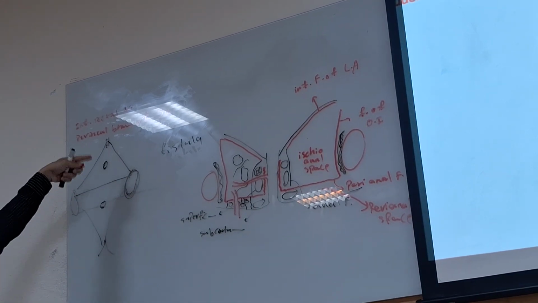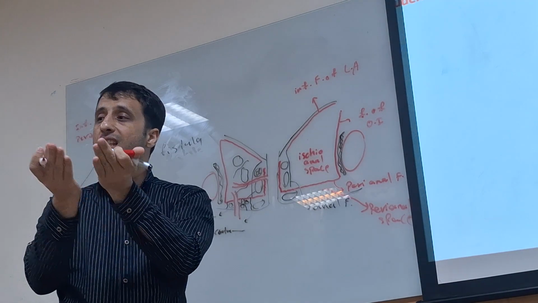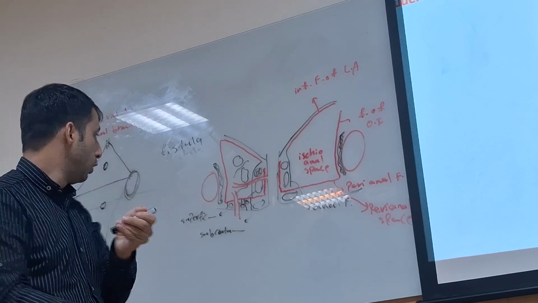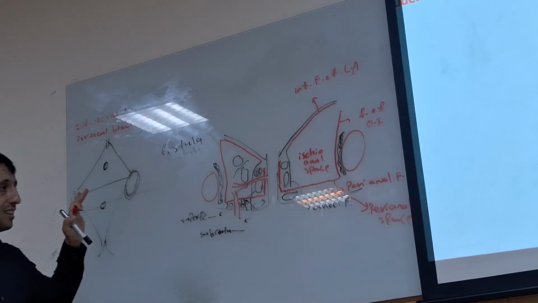These two nerves make the innervation of the skin of all of this area, the anal triangle.